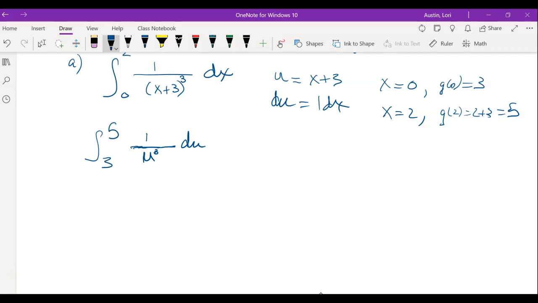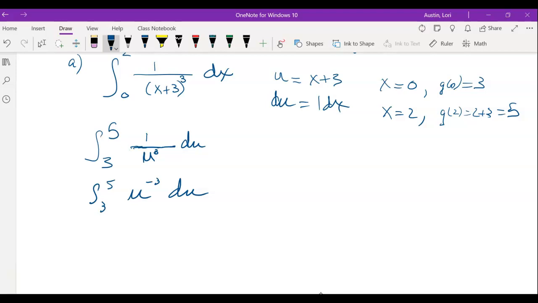You don't ever have to plug anything back in. You just do that integral. And we got our answer. So let's rewrite it as the integral from 3 to 5 of u to the negative 3 du. Make sense? And finish it.